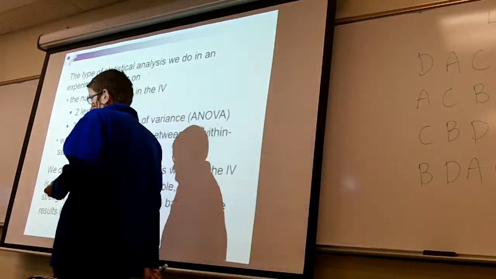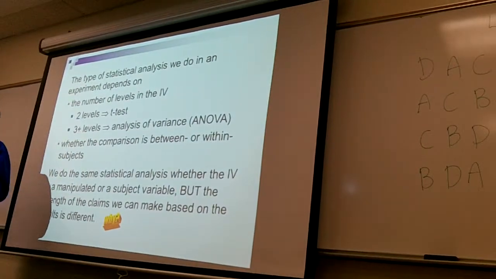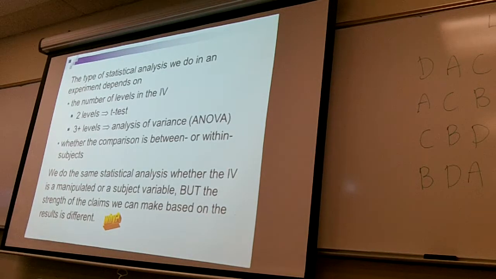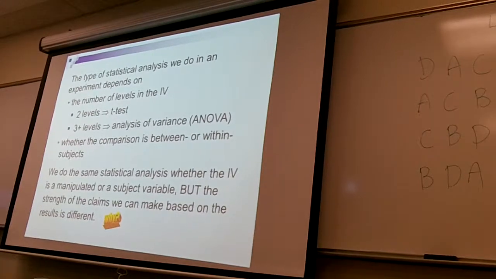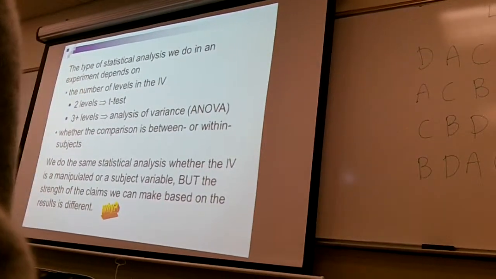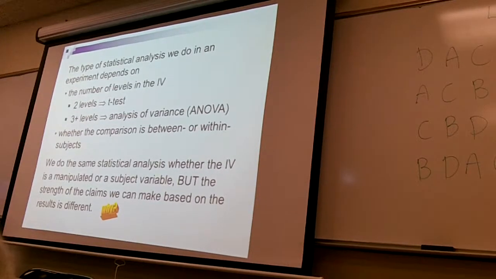What changes as a result of whether our IV is manipulated or subject is how strong of a claim we can make. If it's truly a manipulated variable, and we really are able to do the randomizing things we need to do, then we can make a causal claim based on our findings.